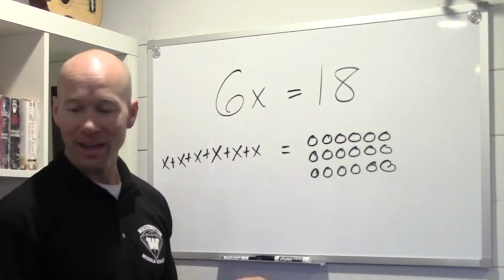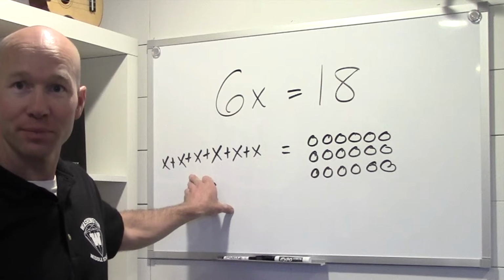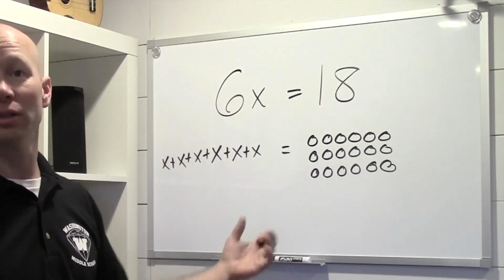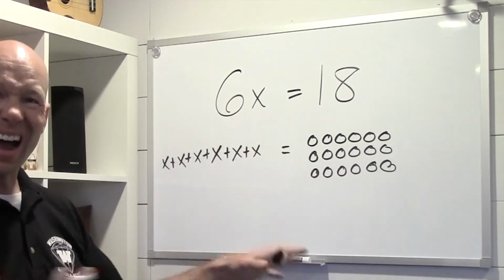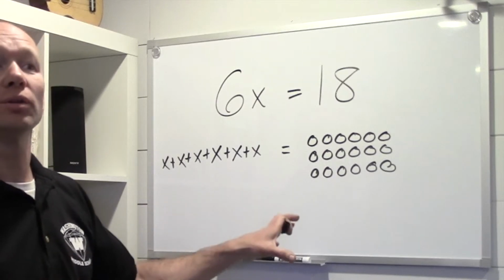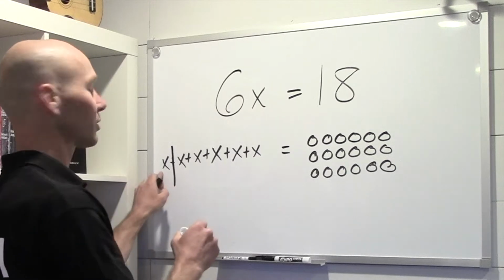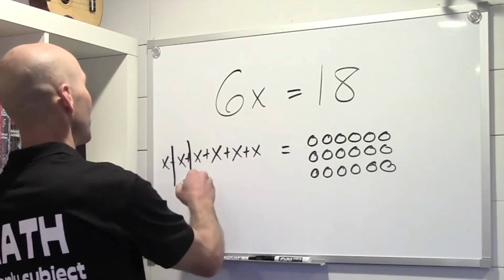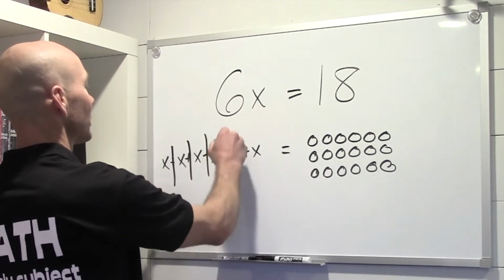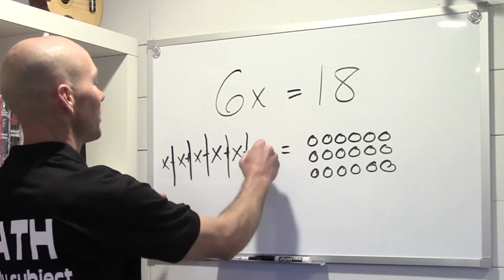If I take these 6 x's and break them up into 6 groups, I'm going to divide the 6 x's into 6 groups of x.